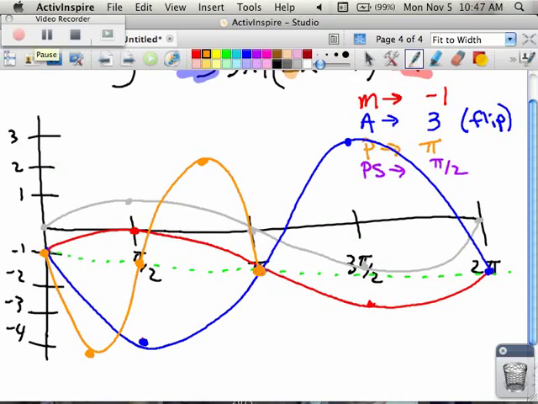Now the phase shift. If I do the phase shift, all I do is I look at that orange graph now and move every point exactly pi over 2 to the right. So the point here that was on 0, -1, now goes to pi over 2, -1. The point that was at pi over 4 now goes to 3 pi over 4.